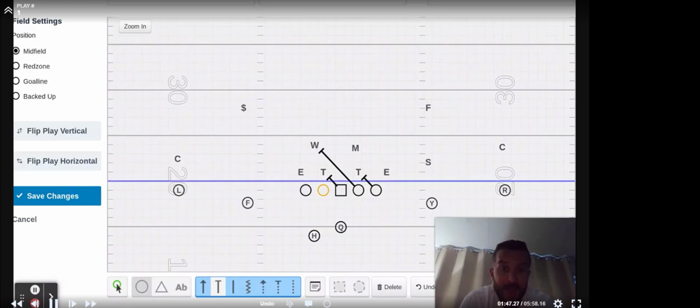The backside or pulling guard here, he's going to take an open step, kind of like outside zone. It's like a wider trap, so we want to allow all those blocks to happen in front of us. But same idea as a trap block, we want to attack that upfield shoulder of this end man on the line of scrimmage, and we want to try to kick him out.